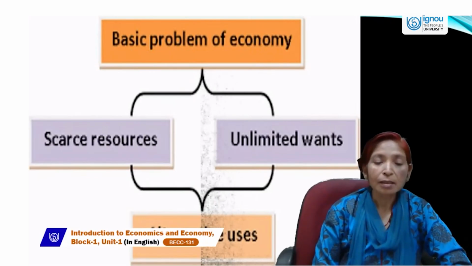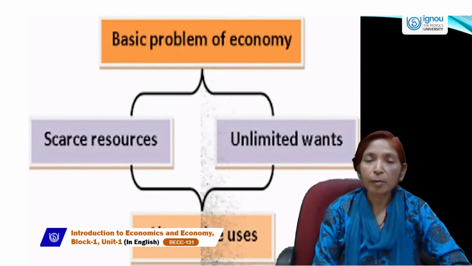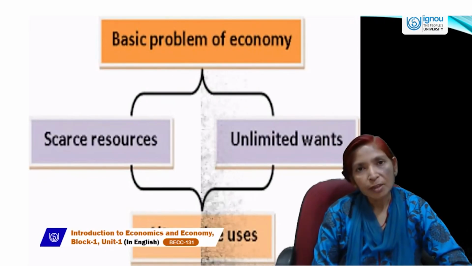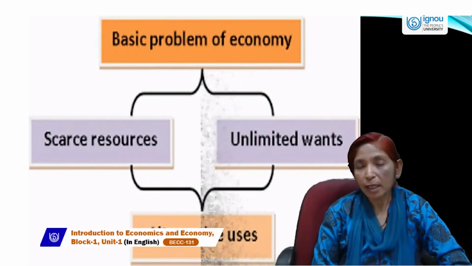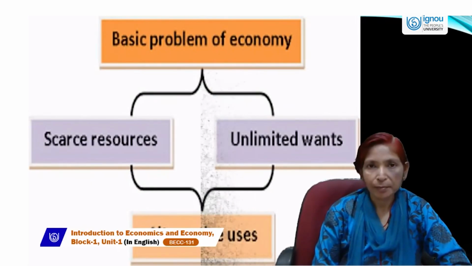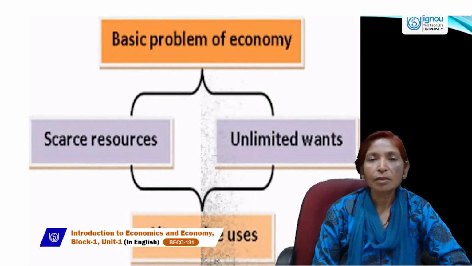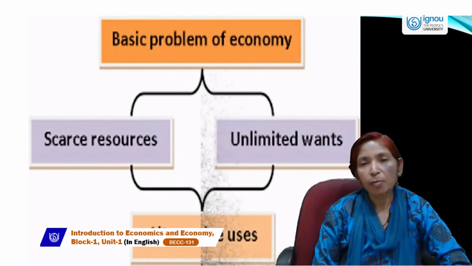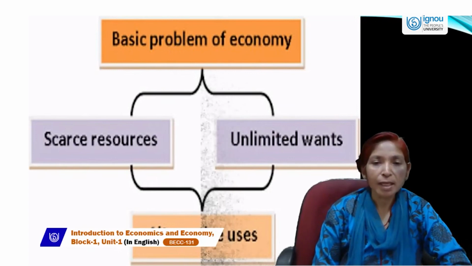Why are we using one commodity for different purposes? Because resources are limited. That's why we have to find out some alternative uses of those resources for satisfying unlimited human wants. So these are the three main causes behind the basic problems or problem of choice.